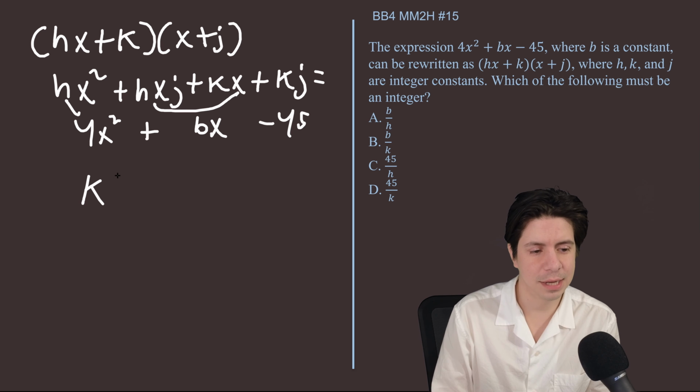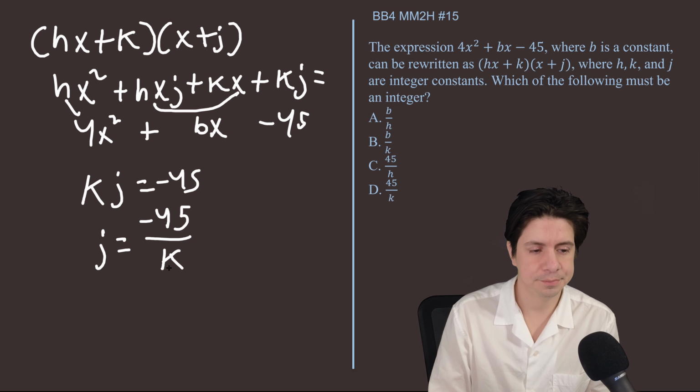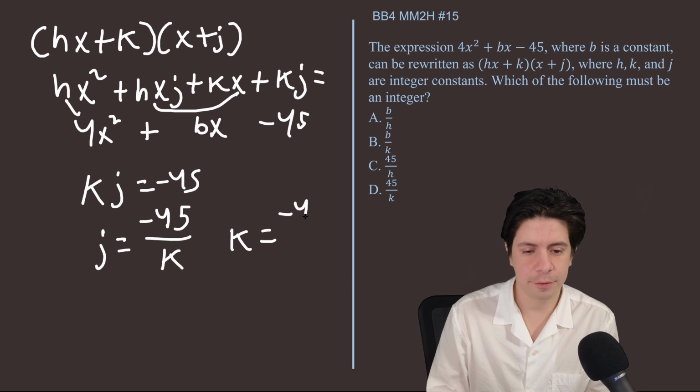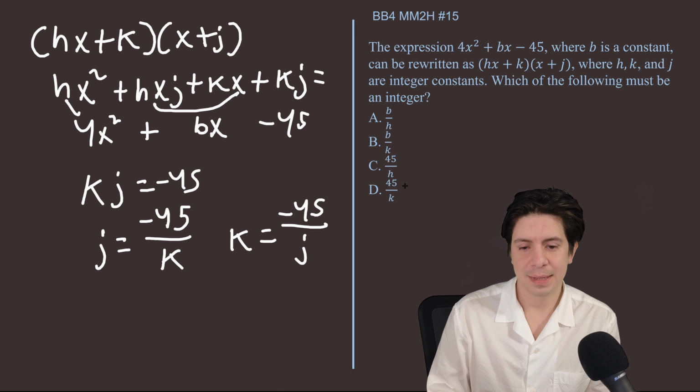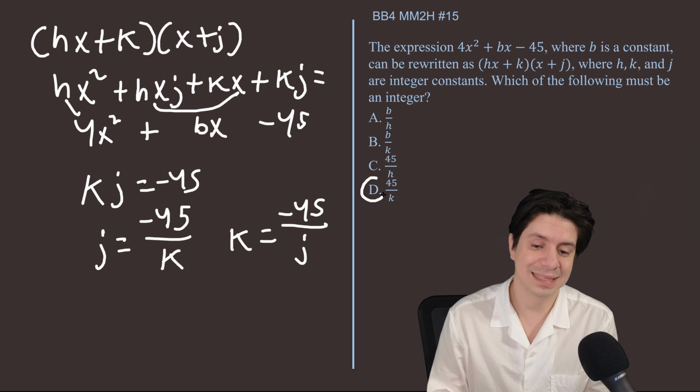So let's work with that, actually. kj equals negative 45. That tells us that j is negative 45 over k, and that k is negative 45 over j. If we look at our answers, this is the same as this except not with the negative, but we know j is an integer, and the negative of an integer would still be an integer, so it should be d.